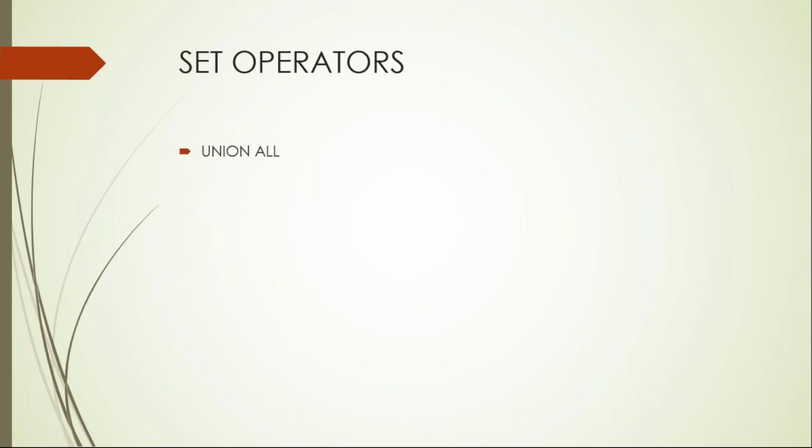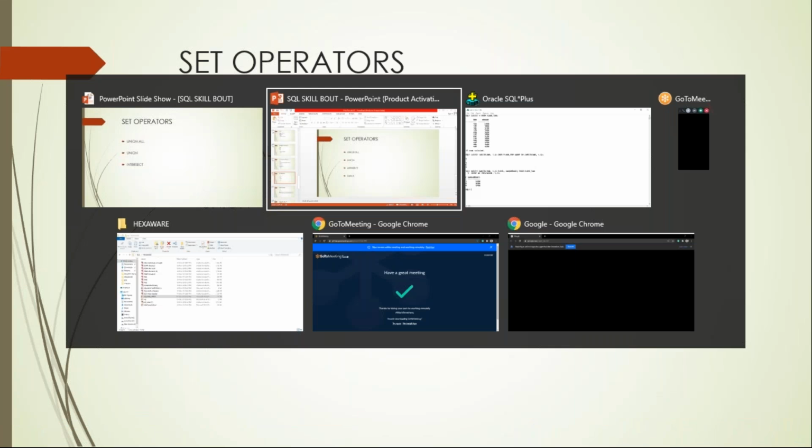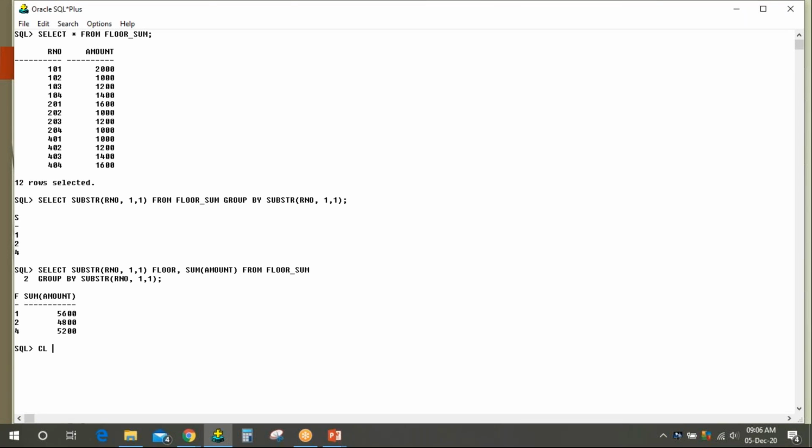Union all combines everything. Union combines, then removes the duplicate, then sorts from ascending to descending, that we have seen yesterday. Now let's see what intersect does. You only tell me what intersect does.